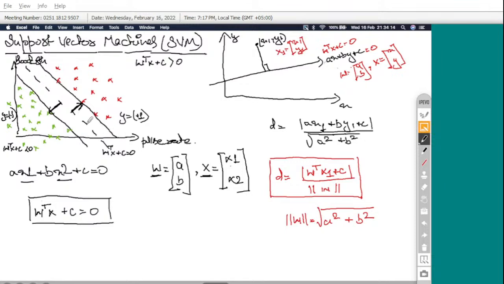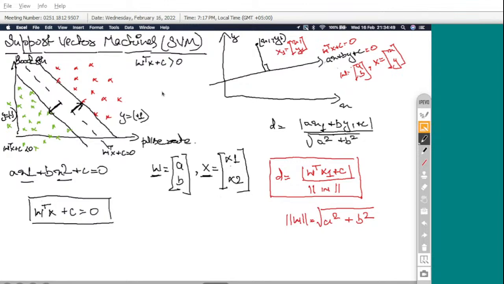So for having a best fit line, we need to maximize the minimum distances. Maximizing the minimum distance. Is it clear, guys? Minimum distance means the distance from the closest point only, right?